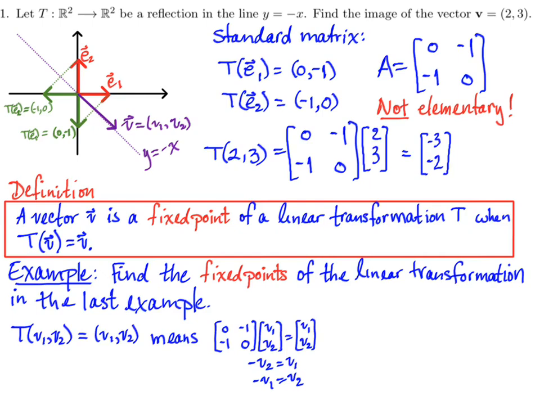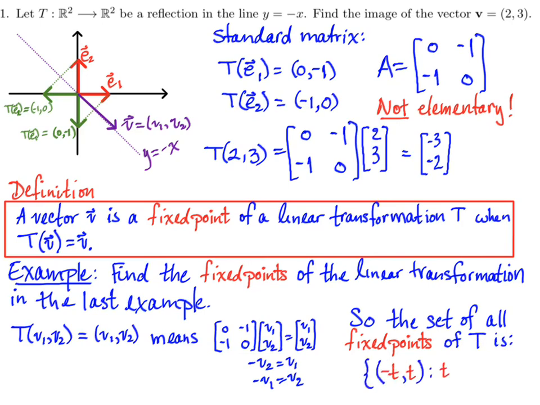So the image of a vector that lies on the line of reflection is just that vector itself. So those are all fixed points. Let's write down the set of all fixed points. We can write it as the set of all ordered pairs negative t, t, such that t is a real number. So that's a lot of fixed points.